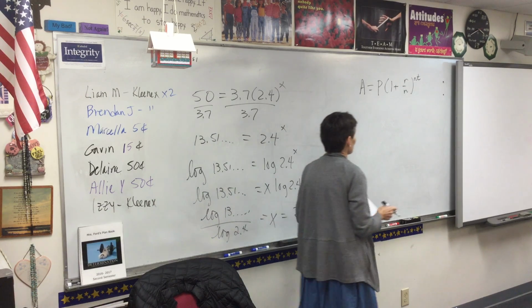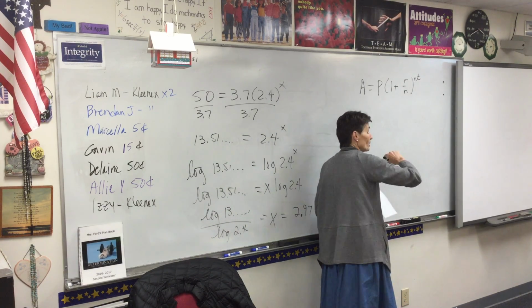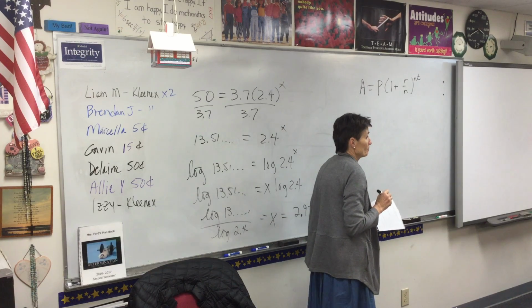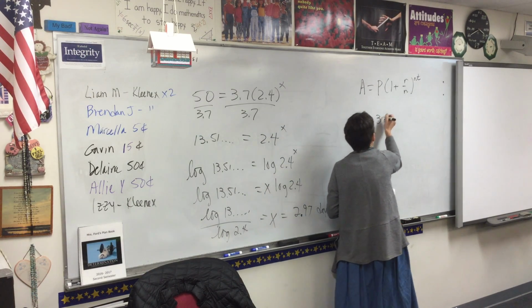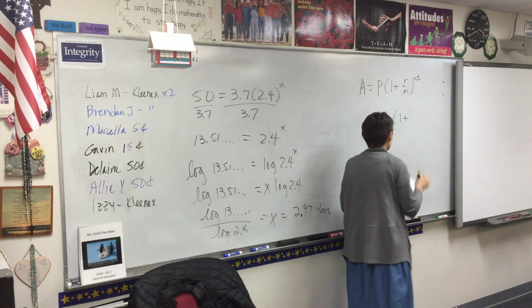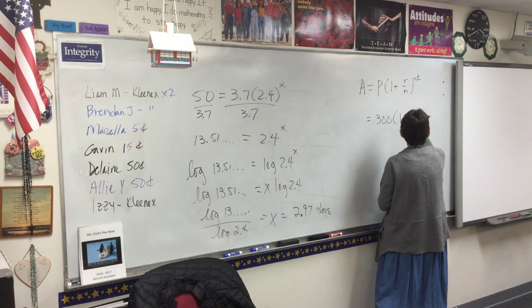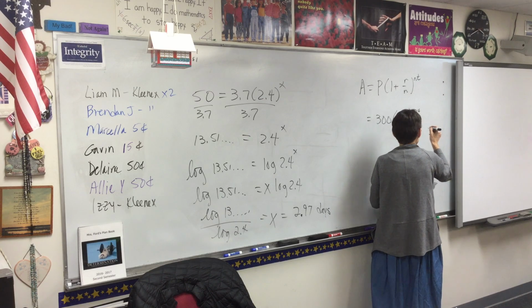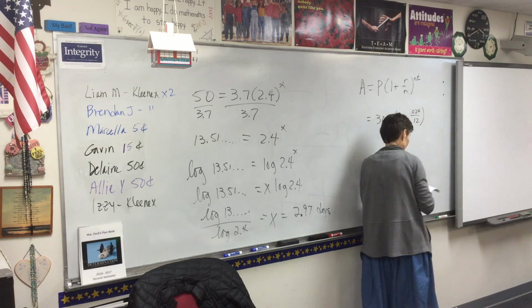You deposit $300. Where does the 300 go? P. That's what you're starting with. Your interest rate is 0.024. Compounded monthly.